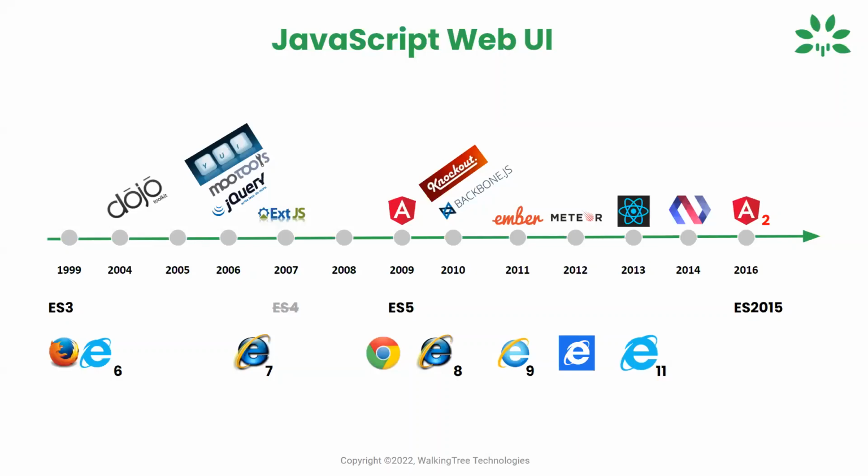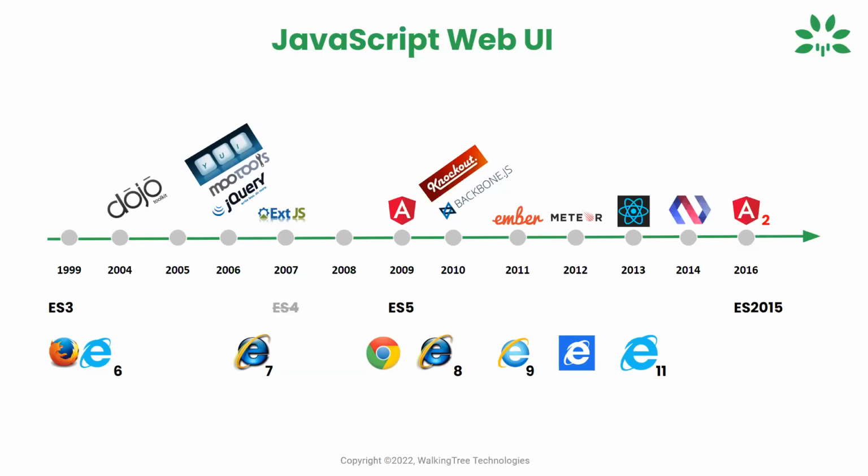Currently, the leading and most widely used browsers are Chrome, with its engine also being used in Internet Explorer 11 or Edge. So this is all about the history of the JavaScript frameworks.